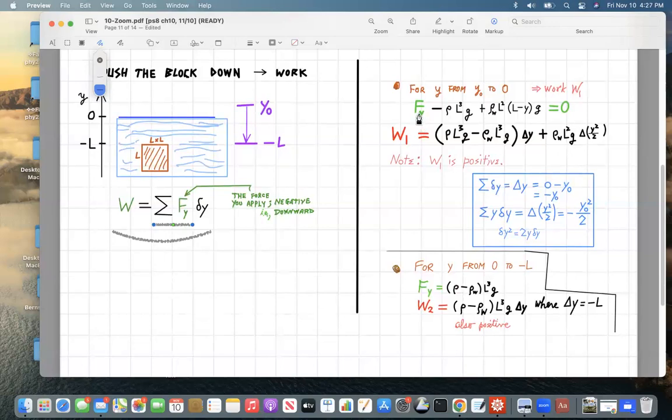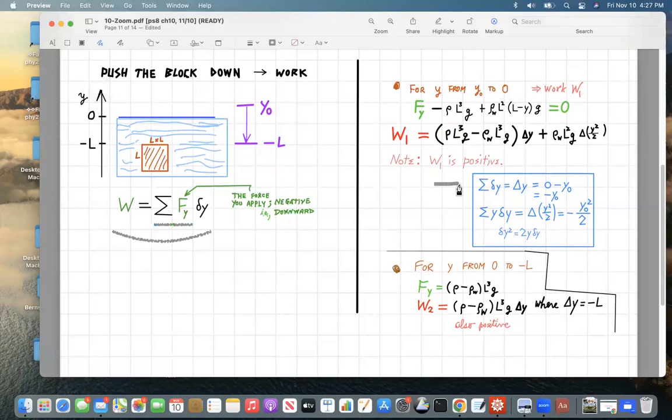In the case of W1, it's more complicated because the force depends on y. If the force doesn't depend on y, then the sum of all the little y displacements is just the total y displacement. But if you have the sum of y, the coordinate, times delta y, the displacement, that turns out to be minus 1/2 times the total displacement squared.